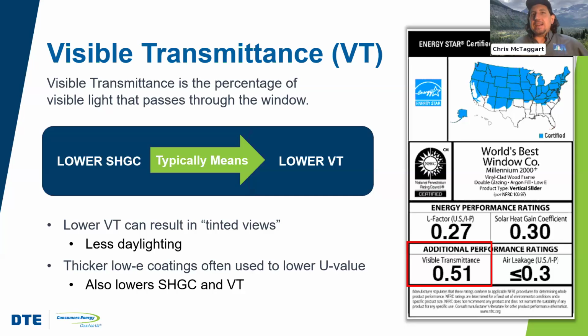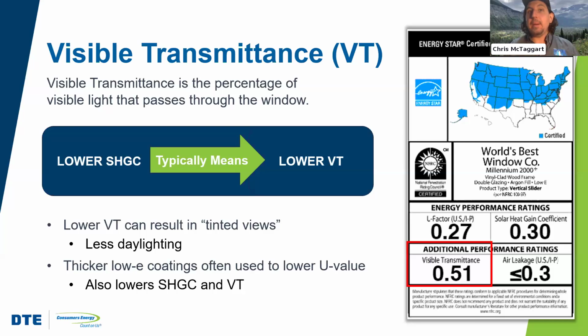And so the challenge, especially here in a colder climate, is that window manufacturers, I'm finding, in order to get better U factor performance, are applying thicker low E coatings to their windows, which therefore reduces the U factor of the window because we have less emissivity off those windows, therefore less heat loss off of those windows.